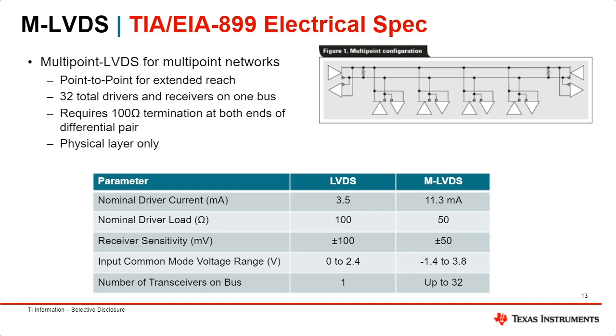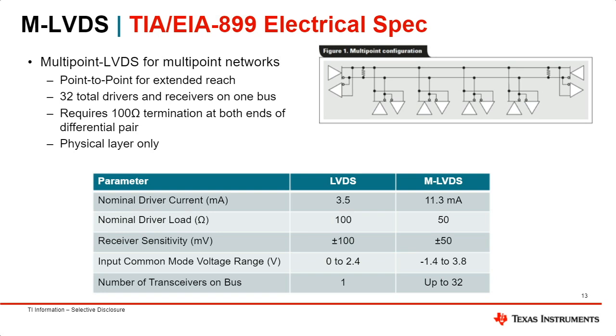On the receiver side, the threshold voltages are, instead of being plus or minus 100 millivolts, plus or minus 50 millivolts. So a little bit tighter receiver thresholds. That, coupled with the additional current drive of 11.3 milliamps, increases your overall noise margin supported in MLVDS.